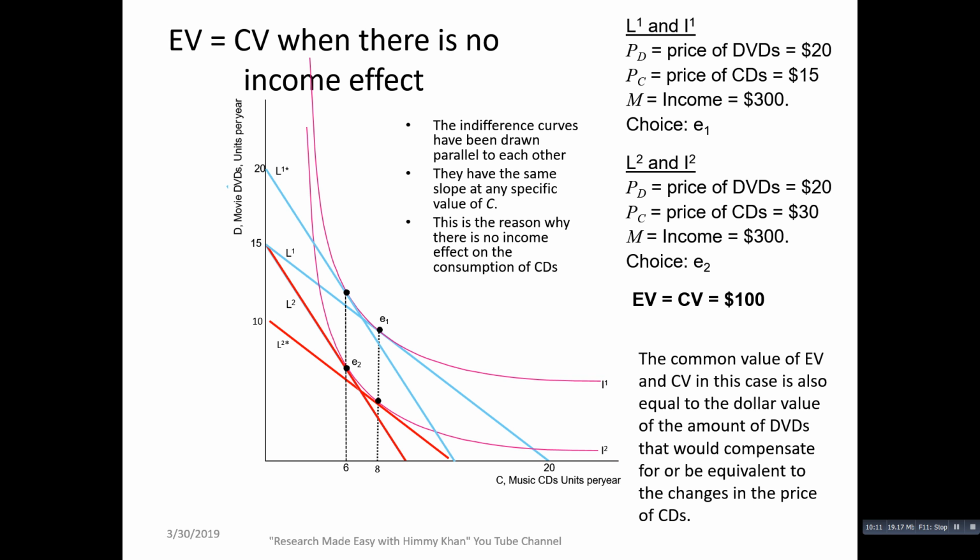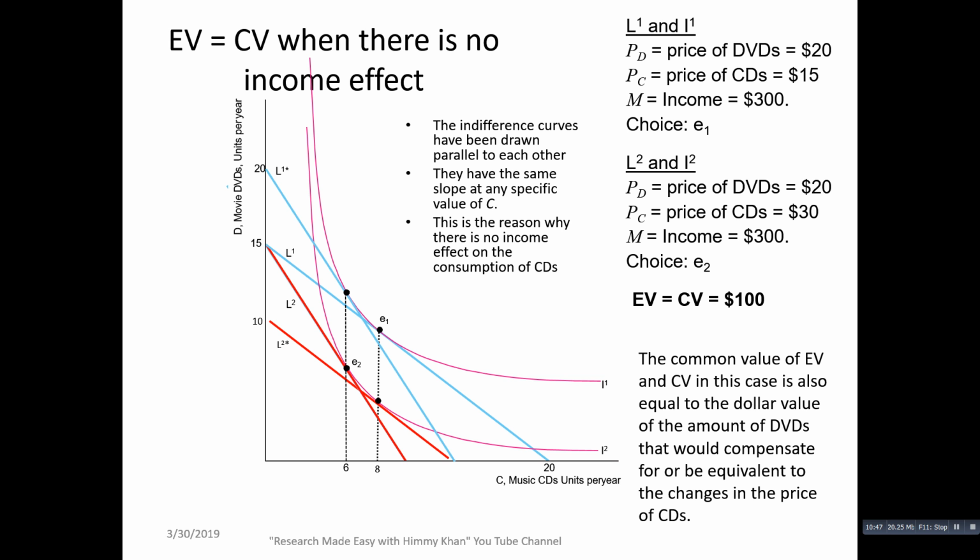Now the consumer is at point E2, and here the equivalent variation and the compensating variation are equal to each other. Here we have drawn the indifference curves in such a way that they have the same slope at any specific value of C. This is the reason why there is no income effect on the consumption of CDs. Now if you see, the total effect is equal to 8 minus 6, or the movement from E1 to E2.